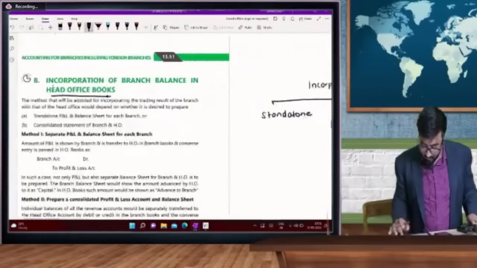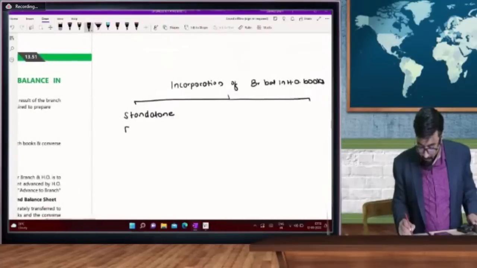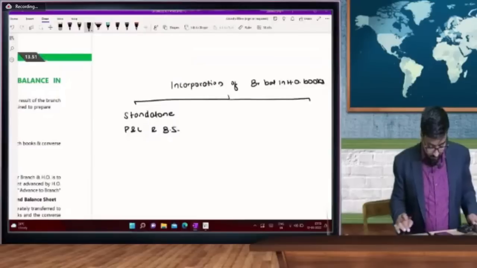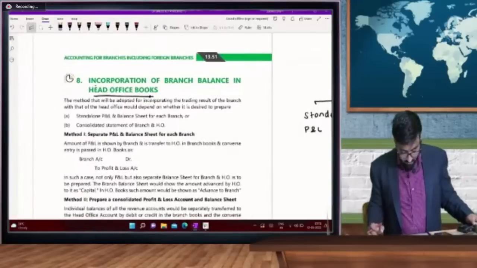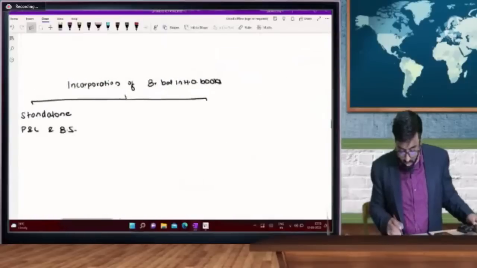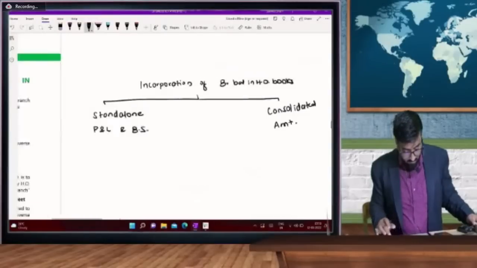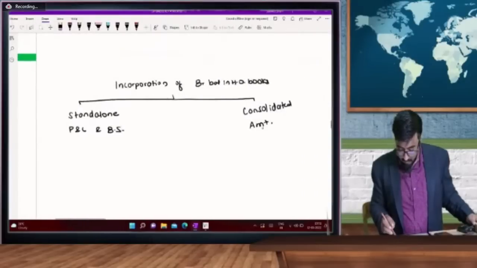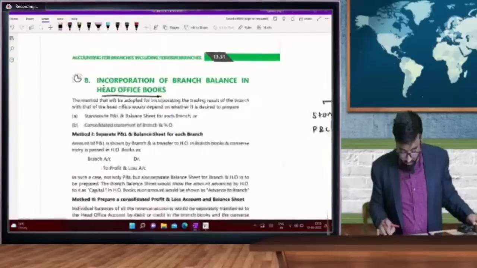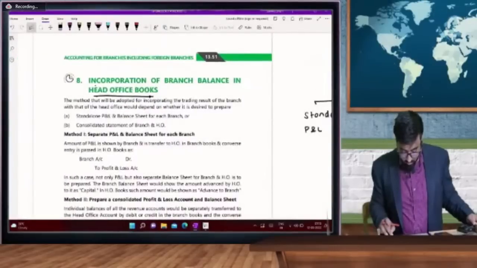Standalone profit and loss account and balance sheet, and consolidated amount or consolidated statement of branch and HO.